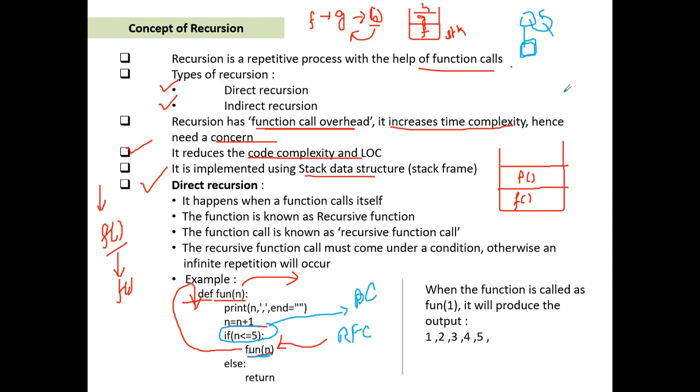Otherwise it will have an effect just like an infinite loop. You have experienced many infinite loops during your learning. So this base condition is breaking that loop. You must have that break condition for a recursive function call.